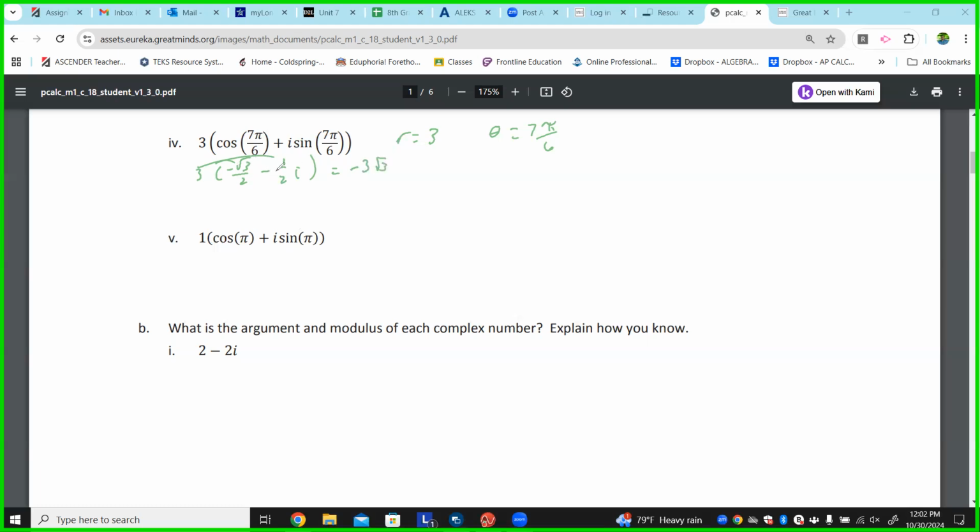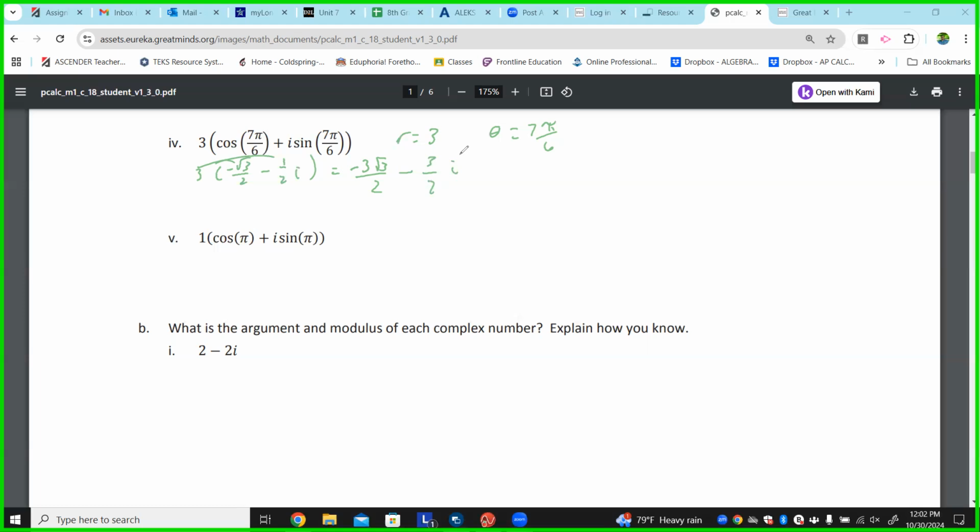I did not multiply an outside number with an inside number, so I just kind of wrote them all out. Over 2. I think it was actually next class. If there is a negative involved, you must put the negative first. You cannot write this as 3 negative square root of 3 because it's going to look like a minus sign, right? So make sure the negative always goes first. And then minus 3 over 2 because that's what 3 times 1 is.